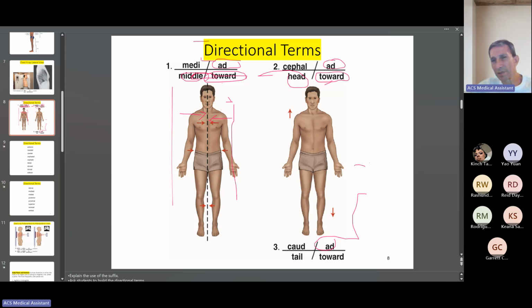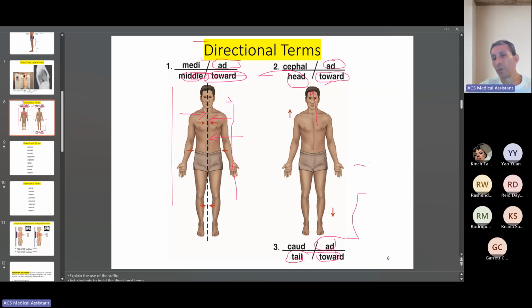So something moves towards the head. But if it is towards the middle, then something that is lateral is moving towards the middle. Or if something is moving to the inferior part, let's say to the feet, then we can use caudad, which means tail or inferior, towards the tail. See? Towards the tail.